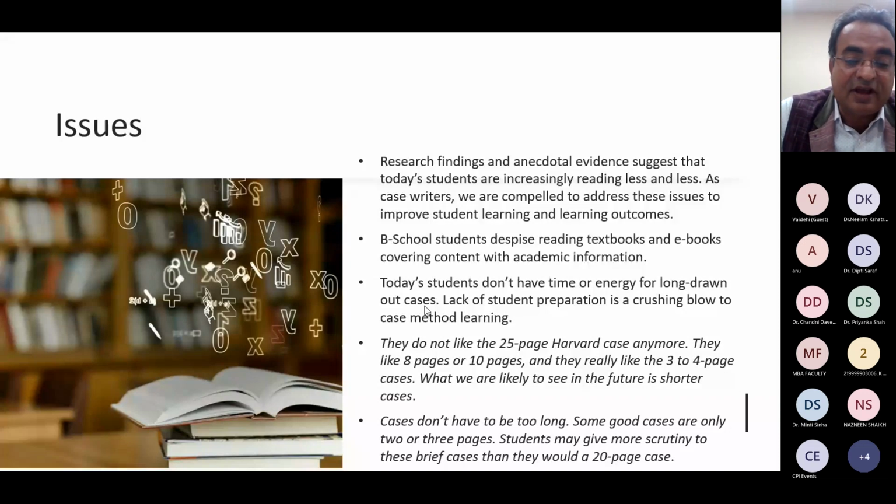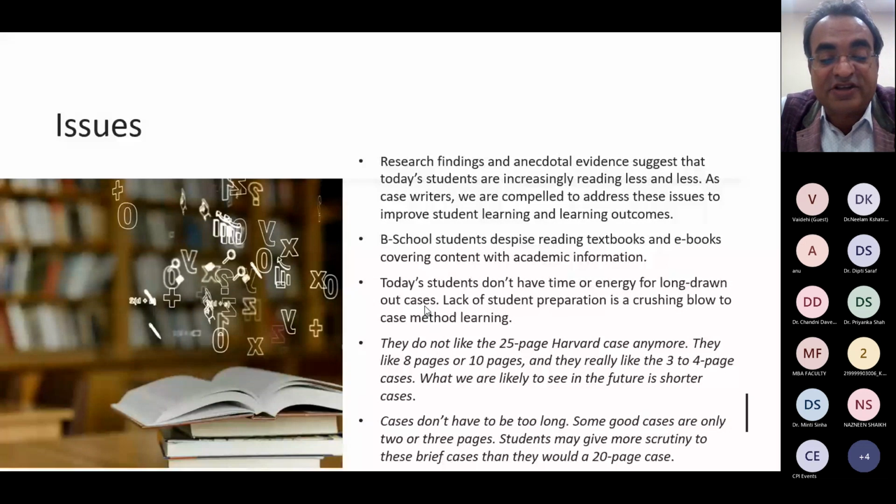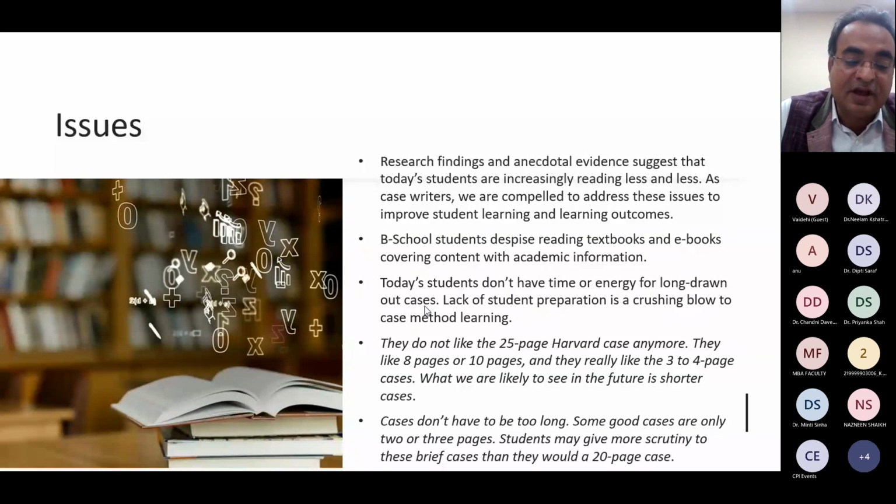They instead prefer the 8 pages or 10 pages case. And if it is possible, they would love to have a 3 to 4 page case. What we are likely to see in the future is shorter and shorter cases. So it is possible that even your current cases, which probably run into 8 to 10 pages, may be further cut down to 3 to 4 pages or 3 to 5 pages.